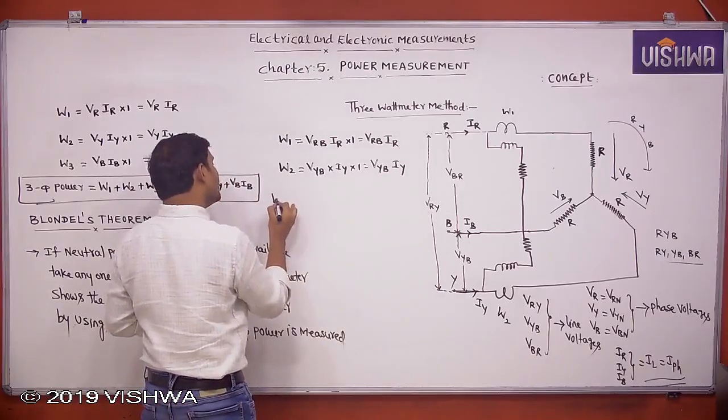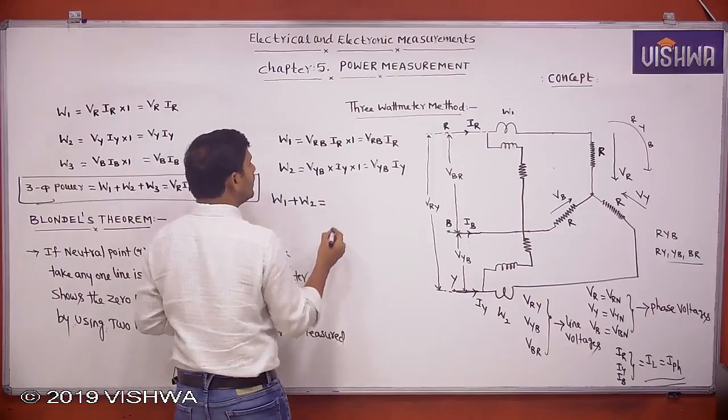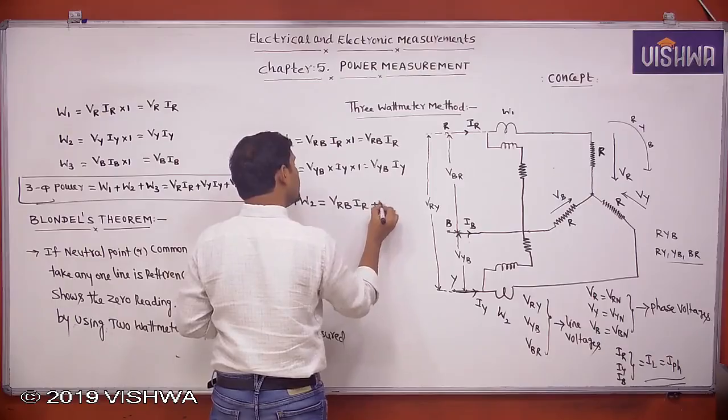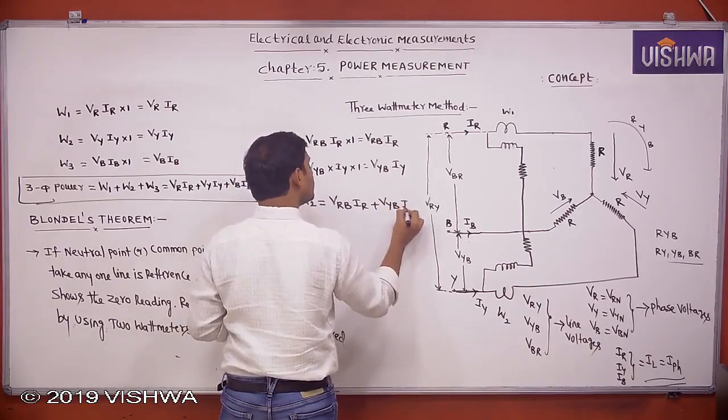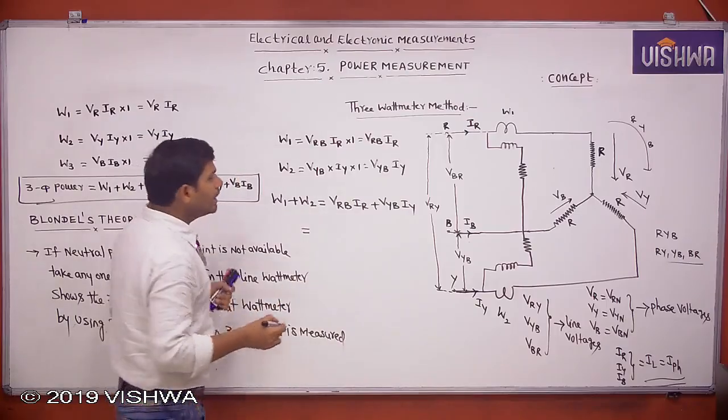Then can you tell me what W1 plus W2 is? W1 plus W2 equals VRB into IR plus VYB into IY. Shall we write it like this?